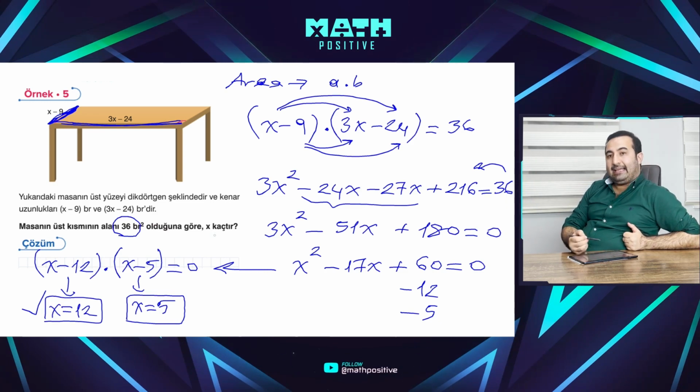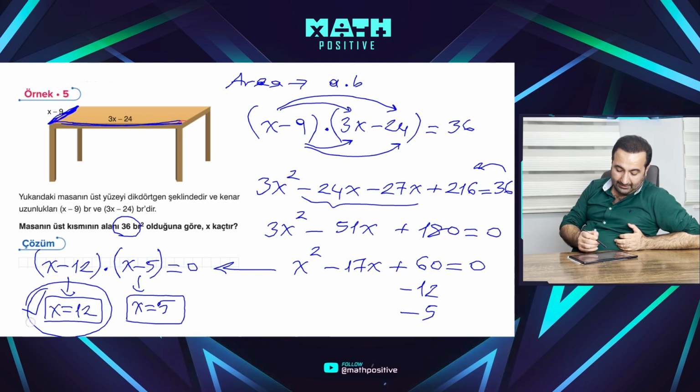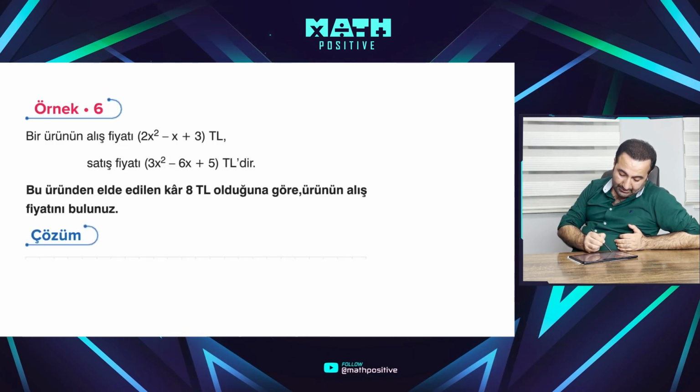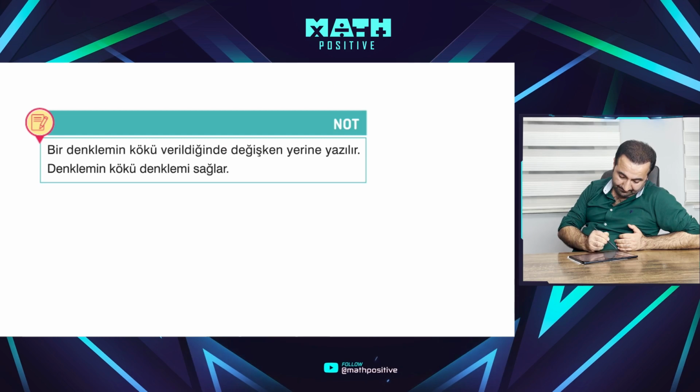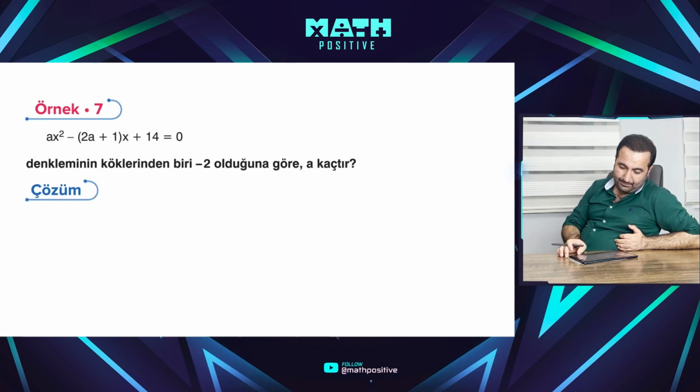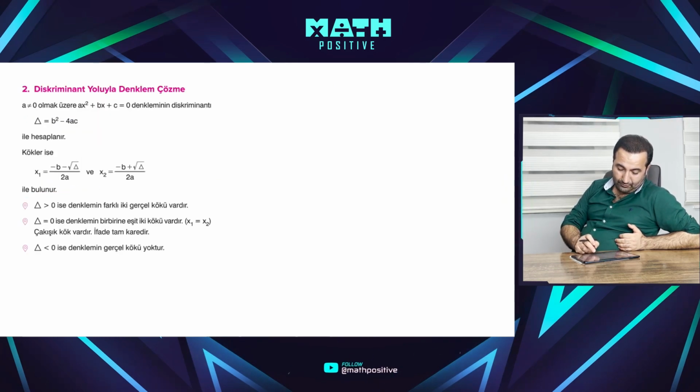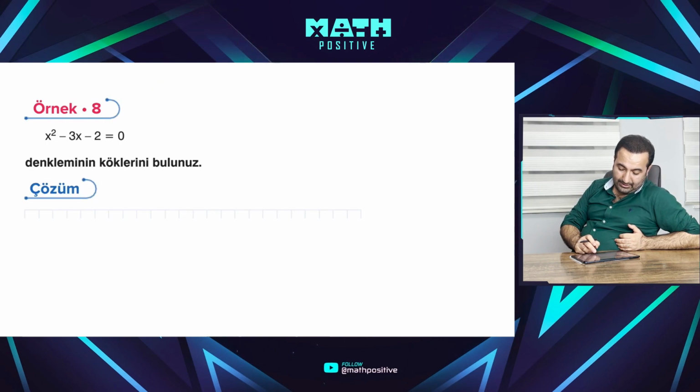The lengths must be positive numbers, so 5 is not a case for us. So x should be 12 for our question. Let's move forward to some other question.